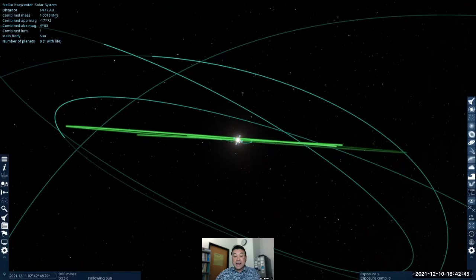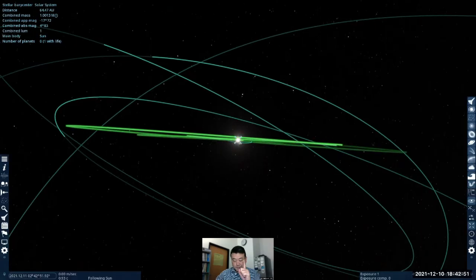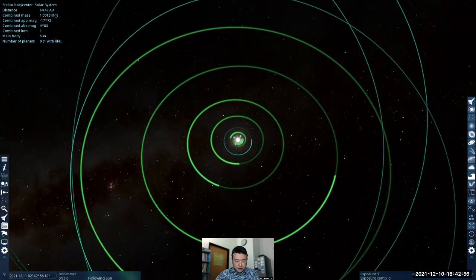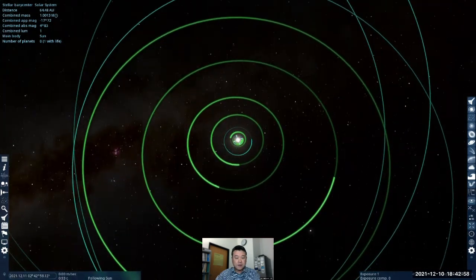So the net angular momentum of the solar system is in the direction perpendicular to this plane. And that's also the reason why when you look at the solar system, there's a kind of natural direction that everything is rotating in. That's the direction that corresponds to the net angular momentum of the solar system.